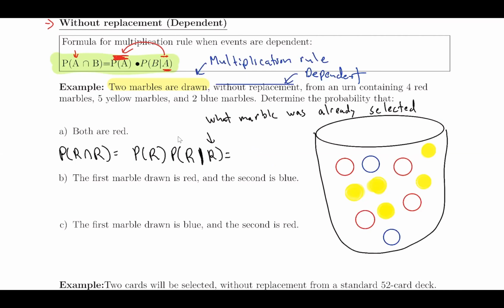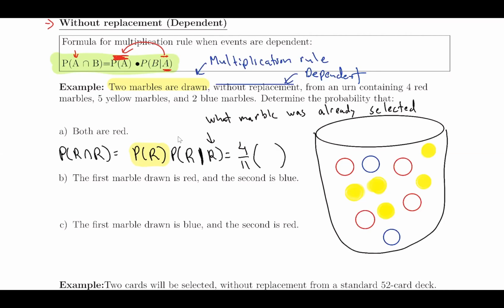All right. Everybody good so far with the notation? All right. So what's the probability that the first marble is red? Oh, good job, Javier. 4 out of 11.